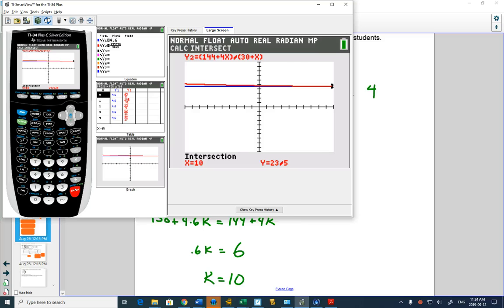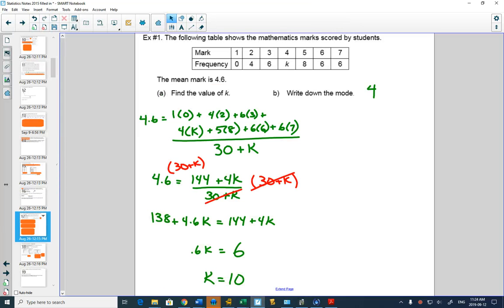At this point in the question, you have to make the decision. Would it be faster for me to type it into my calculator and get the answer that way, or is it faster for me to do the algebraic solution? In this case, they're probably pretty close.